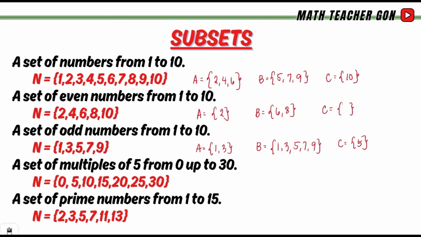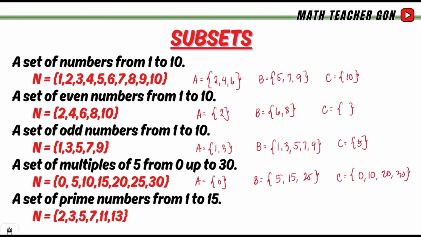Fourth example, you have the set of multiples of 5 from 0 up to 30. Let's put set A as 0. B: 5, 15, 25. And letter C: 0, 10, 20, 30. All of these are subsets.